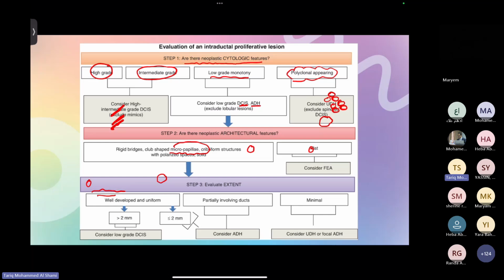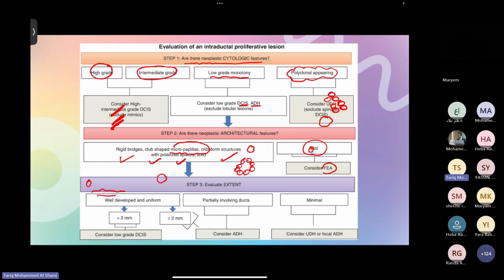Second question, or step two: are there any neoplastic architectural features? We have rigid bridges, club-shaped micropapillae, cribriform, with polarizing of the cells around the space. We have to go with DCIS or atypical ductal hyperplasia. But if we have a flat pattern, consider flat epithelial atypia.